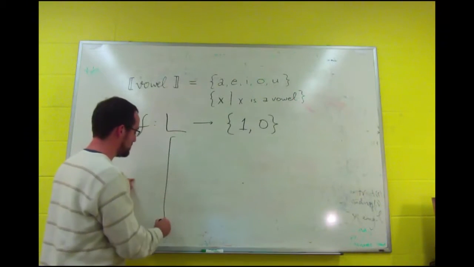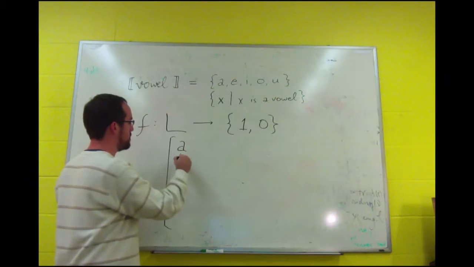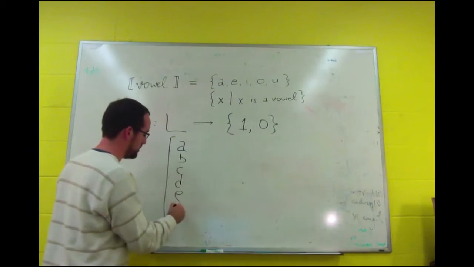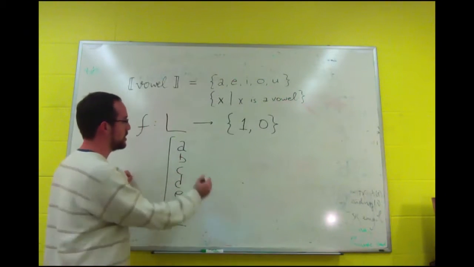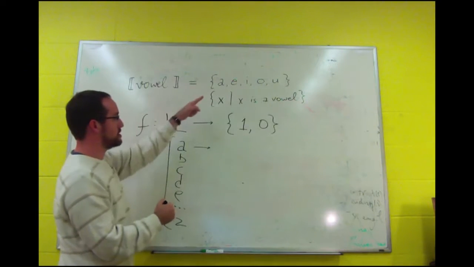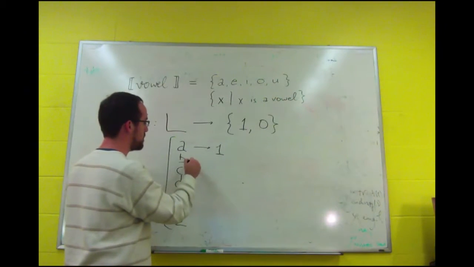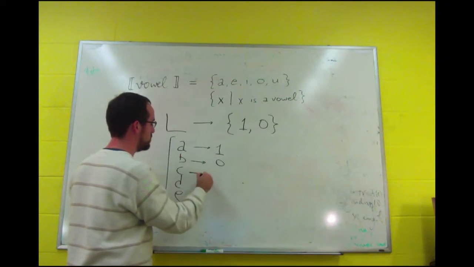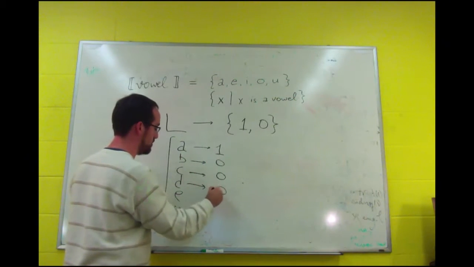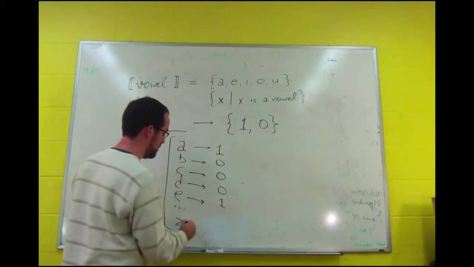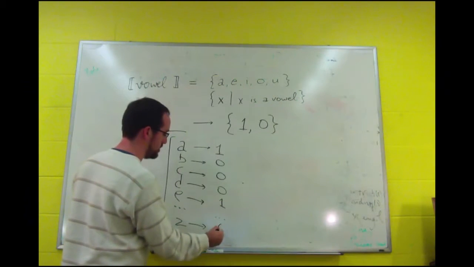So in that case, we have A, B, C, D, E, and so on to Z. A, because A is a vowel, will map to 1. B will map to 0. C will map to 0. D to 0. E to 1. And so forth. And Z to 0.